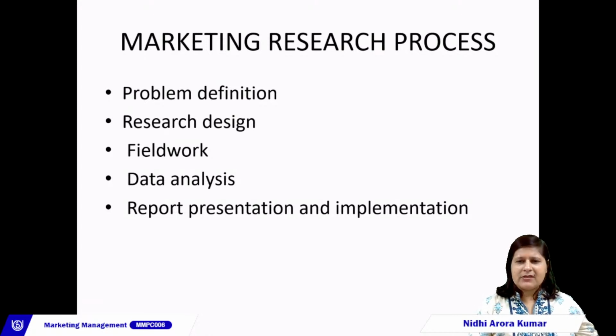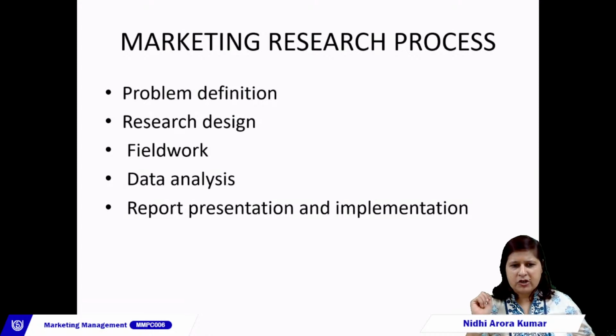Marketing research process: there are various steps of the marketing research process, right? The marketing research process starts with the problem definition. What is the problem definition? The first step of the marketing research process is the problem definition, that you should be able to define the problem. What is your aim or the objective?